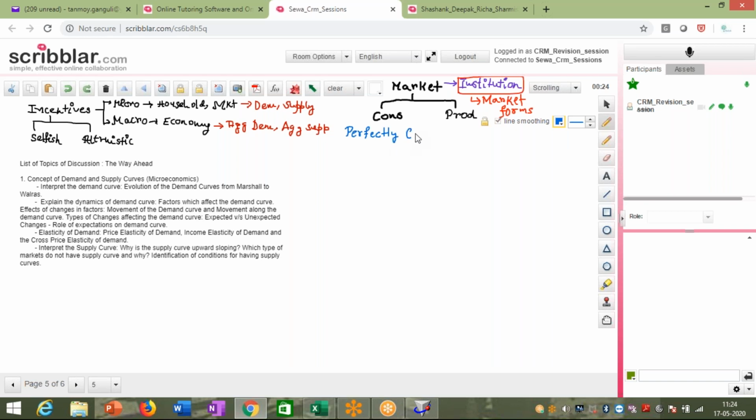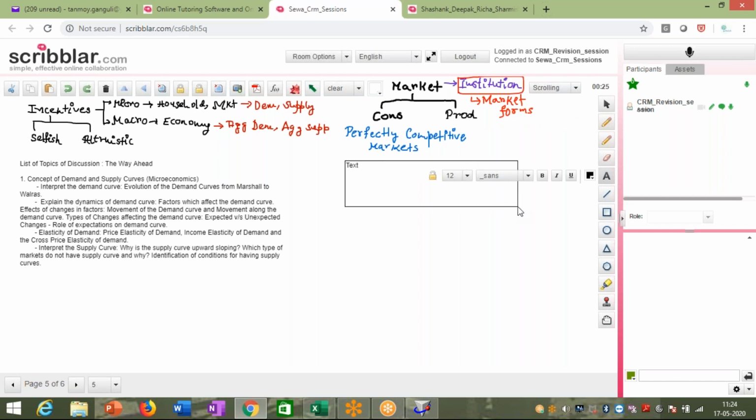Perfectly competitive markets are kind of an oxymoron, because these markets are actually characterized by no competition at all. But why is it so? What are the key characteristics that we get to see for a competitive market?